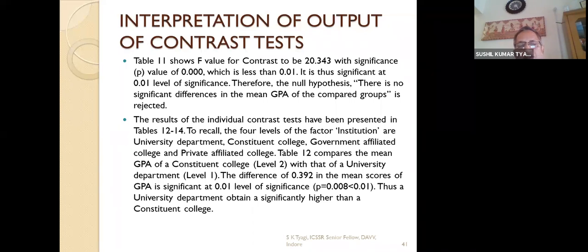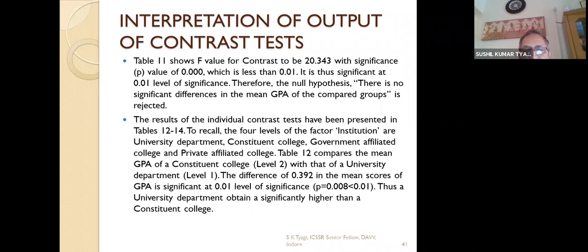To recall, the 4 levels of the factor institutions are university department, constituent college, government affiliated college, and private affiliated college. Table 12 compares the mean GPA of a constituent college, level 2, with that of a university department, level 1.